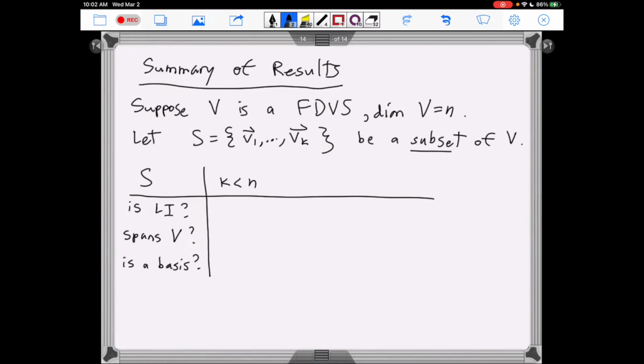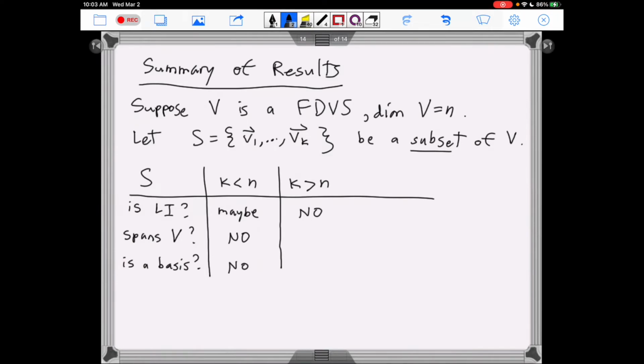So if we have less than n vectors, in other words, if the dimension is n and we have less than that number, can it be linearly independent? Maybe. Can it span? No. So can it be a basis? No. Okay. Now, if k is larger than n, in other words, if we have more than the dimension vectors, is it linearly independent?